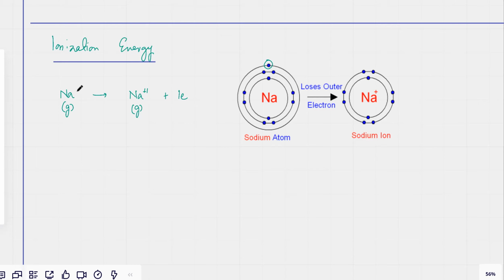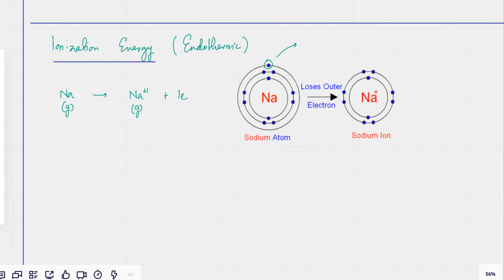You took an atom and you try to remove one electron from it. So the energy is always going to be endothermic. When you try to remove electrons, you have to pull them away, because the electron over here is attracted to the nucleus of the atom. So it's pretty hard to actually remove that electron.